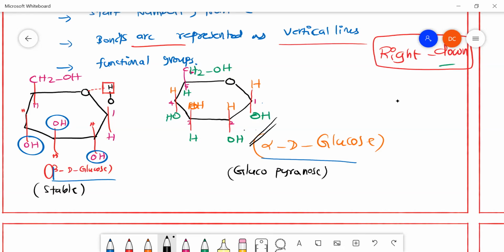This one is alpha D glucopyranose, and this one is beta D glucopyranose, because it resembles the structure of pyranose. Should we add the plus sign when naming? Yes, you can write the plus sign also, because both are plus D glucose only. That's not a problem.